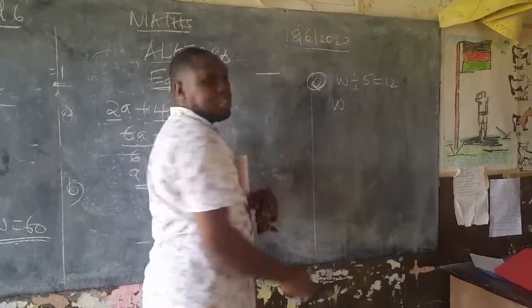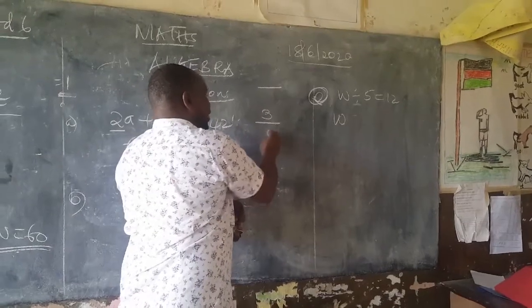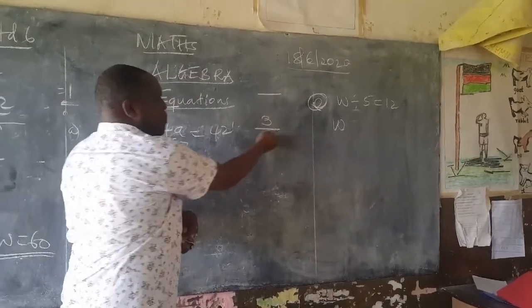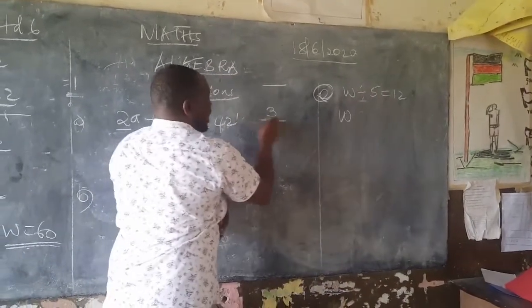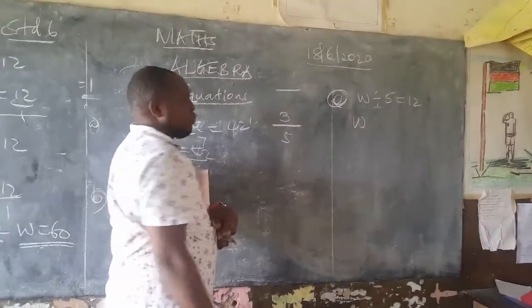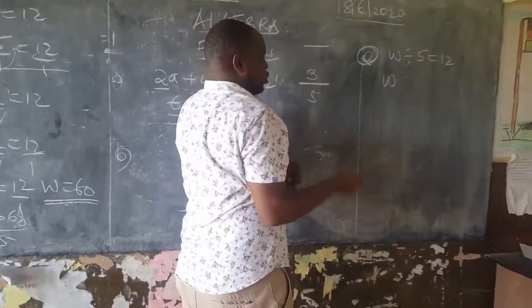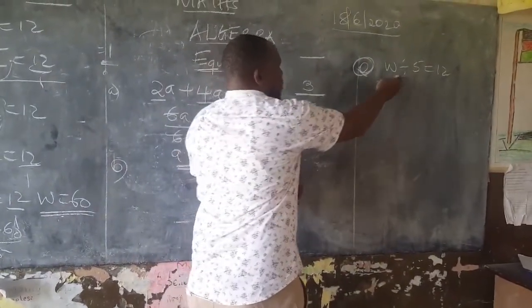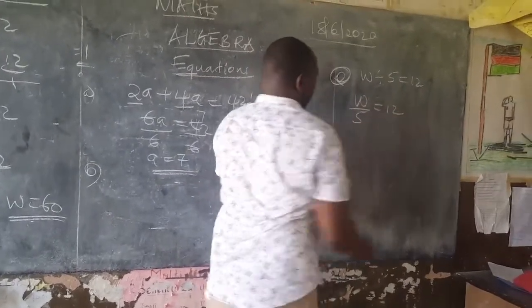This one also means division. If you write something like 3 and then slash 5, this means 3 over 5. Over means divide. So we are not going to write this division sign. We are going to write the other one, the over slash. Because if you write this one, we may not get the answer. So this is method number 2. So this can be written as W over 5 is equivalent to 12.